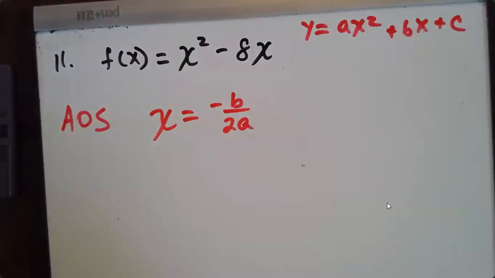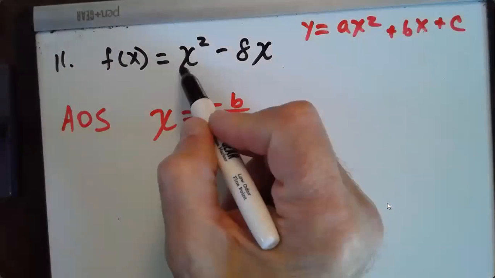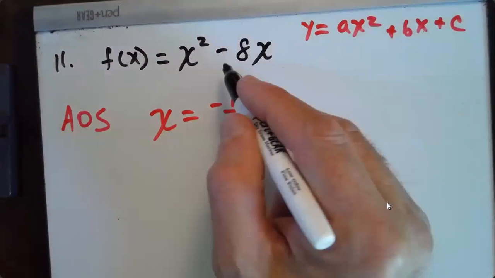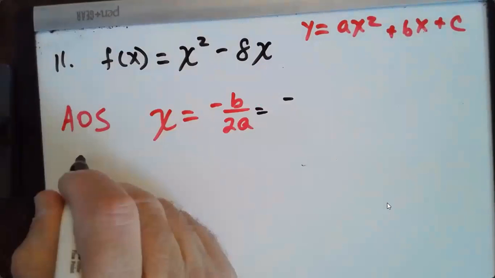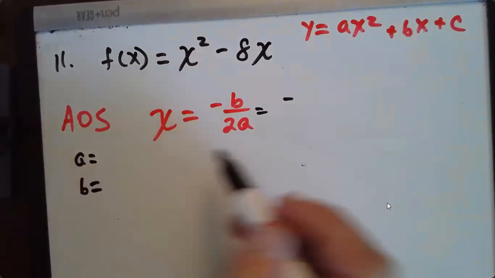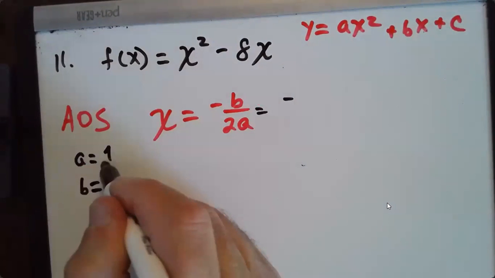So we look at the coefficient of x squared, and that's 1. I like to label these parts off to the side. The coefficient of x squared is 1.